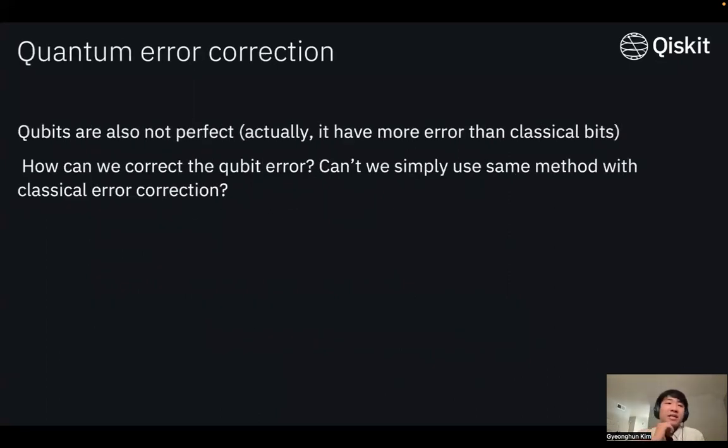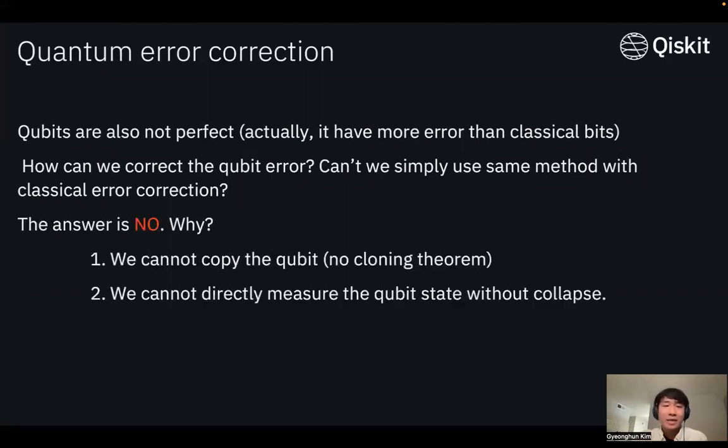So the sad news is that qubits are also not perfect. Actually, they contain more errors than classical bits. So we definitely need error correction methods for the quantum case too. Can we use the classical error correction algorithm in our quantum error correction case too? The answer is also no. Why?